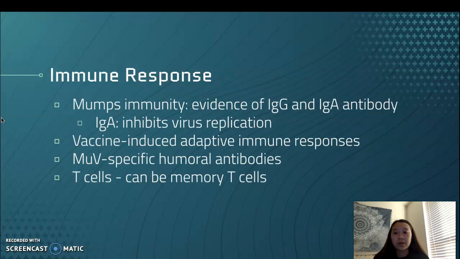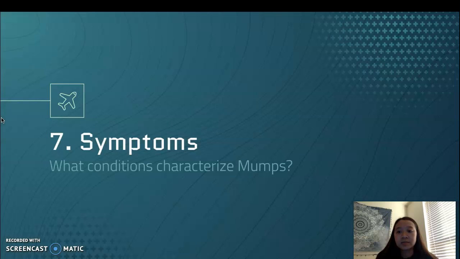And even though the virus attacks the T cells in your body, these T cells can become memory T cells, which can lead to lifelong immunity after getting it once. So, if you get mumps one time, you're probably not going to get it again because of those memory T cells.